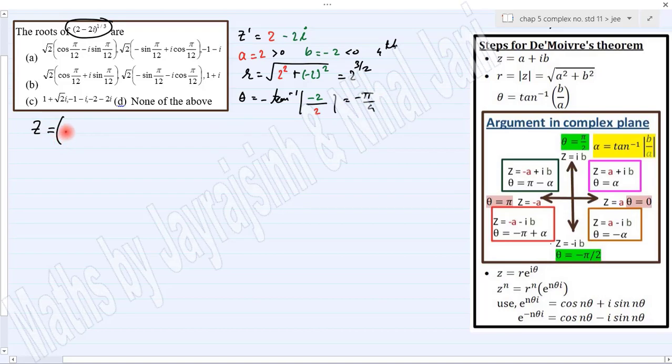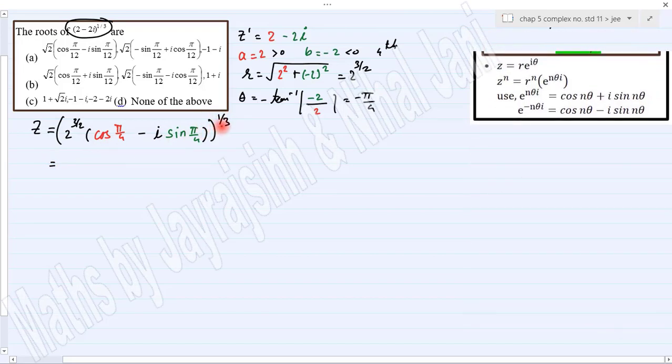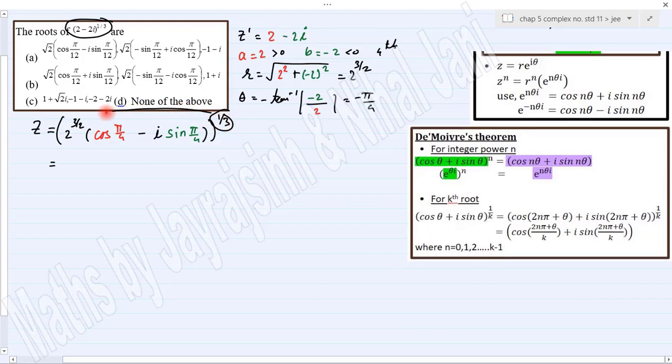2 minus 2i can be rewritten as 2 raised to 3 by 2 into cos the angle, which is pi by 4, minus i times sin the angle, whole raised to 1 by 3. Now, if we give individual power, 1 by 3 will multiply with 3 by 2 and give us 2 raised to 1 by 2.